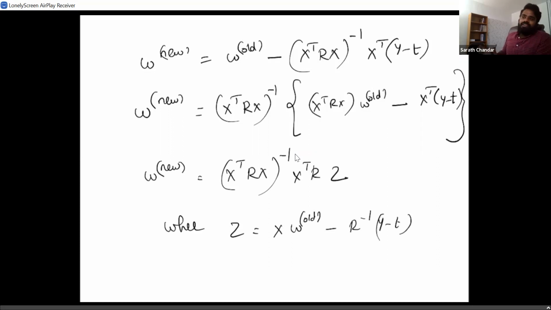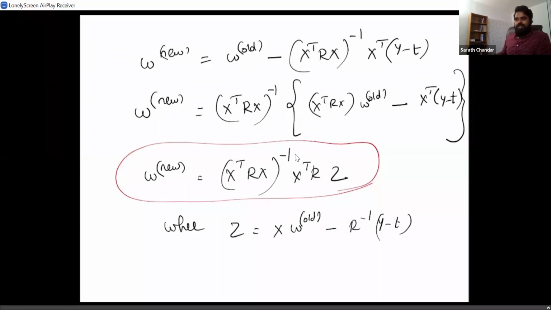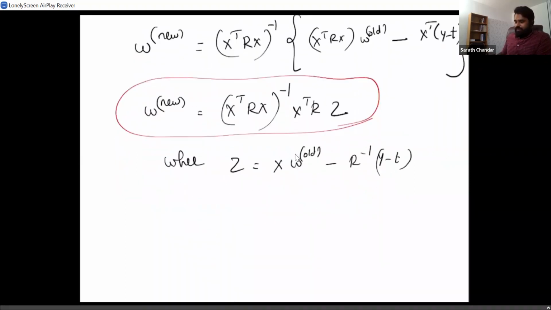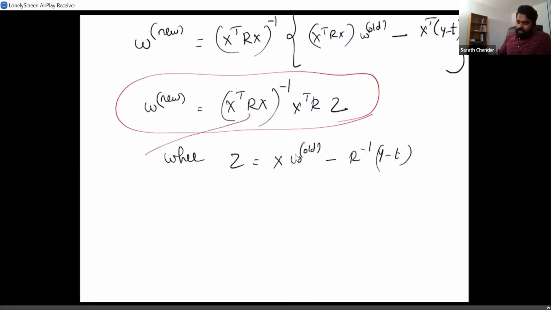All I have done is restructure things so that this looks like the least square solution. Remember, the least square solution is X transpose X inverse X transpose y, right? Now this looks very much like the least square solution, except that you have this extra R. This R is the weight that you are giving. Hence this Newton-Raphson update formula for logistic regression can also be considered a weighted least square.